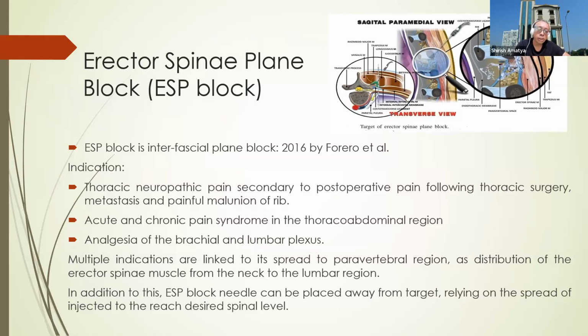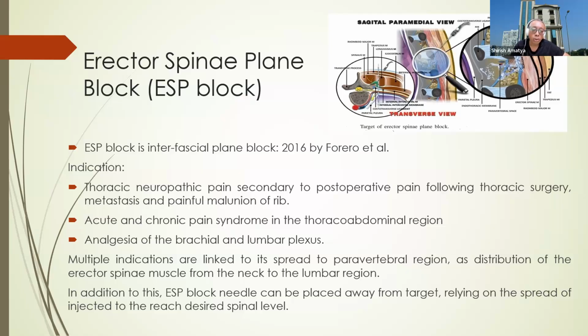But nowadays, the indications of the erector spinae plane block have widened. It is usually done to decrease acute or chronic pain syndrome of the thoraco-abdominal region, and it is also done to give analgesia of the brachial as well as lumbar plexus.